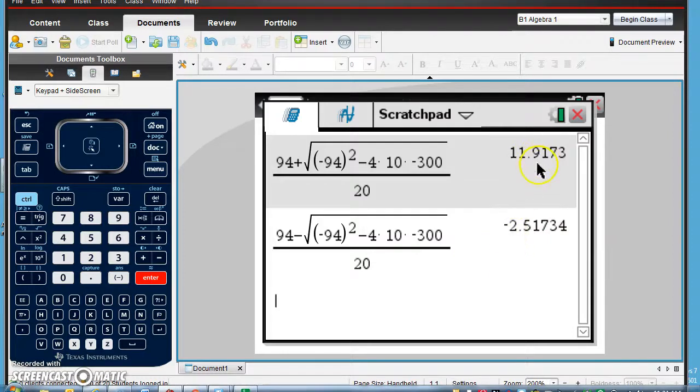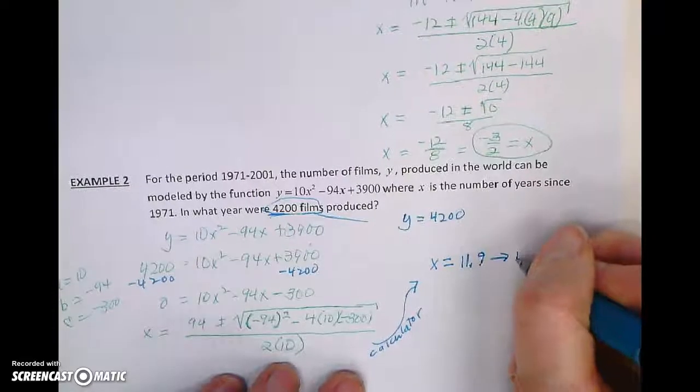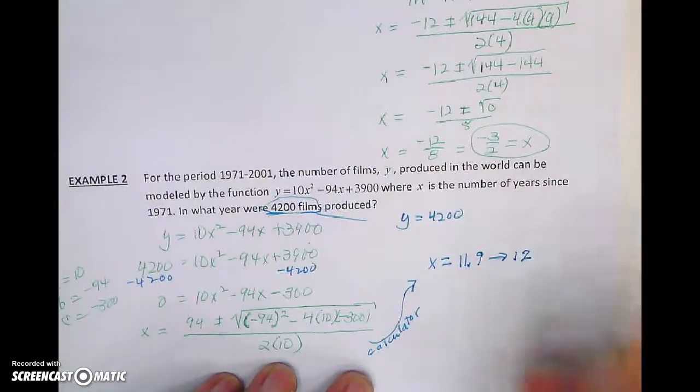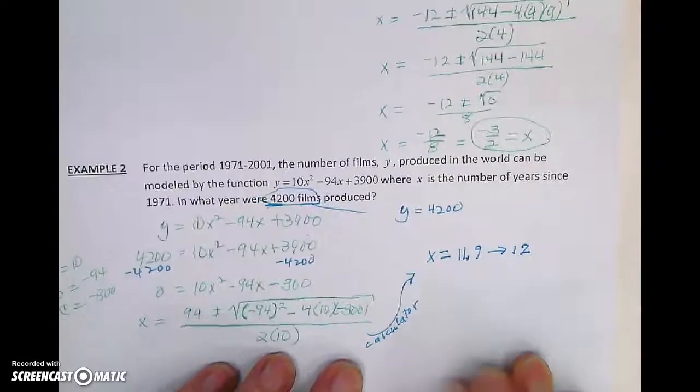So our answer is going to be 11. And we're going to round this off. It doesn't tell us to round. It says where x is the number of years. So we're coming up with that x is going to be equal to 11 point. We'll just round that off. So really we want to have it in whole years, so we'll just do that with about, it's about equal to 12.